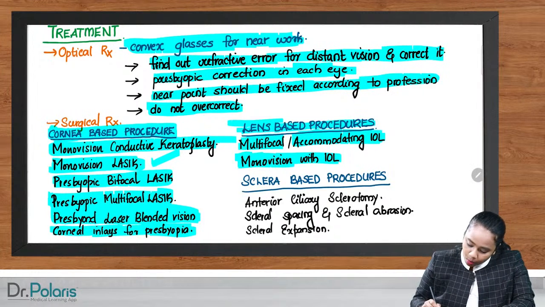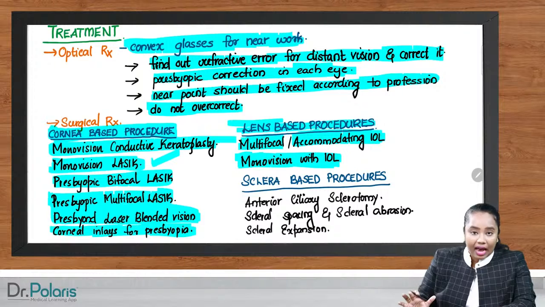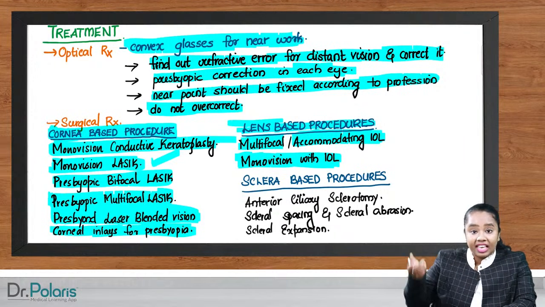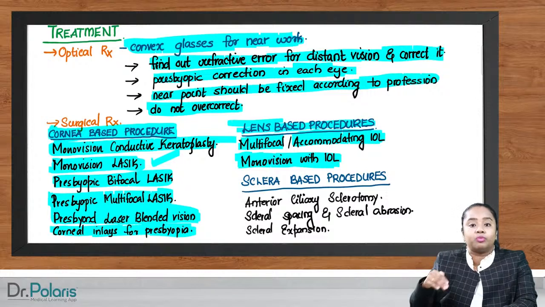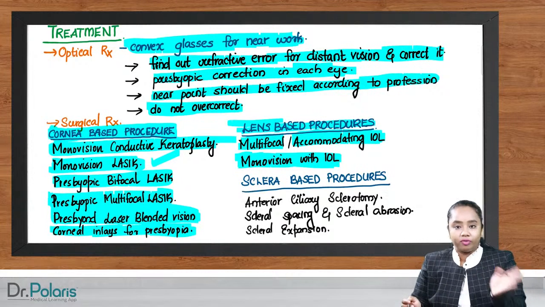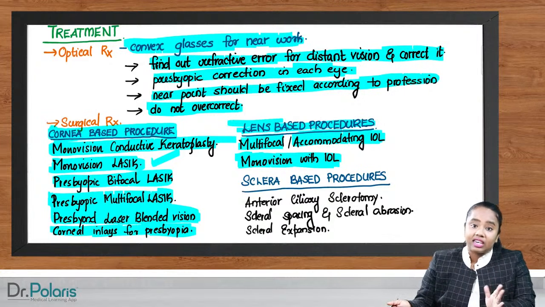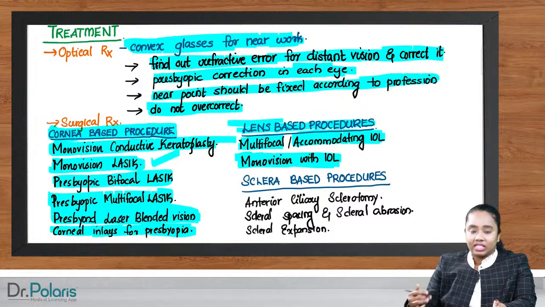The next one is monovision with intraocular lens. In one eye, you do correction for distant vision, and in the next eye, lens extraction is done and a new intraocular lens is put for near vision. So you have two eyes. In one eye, you are correcting the patient's distant vision, and in the other eye, you take out the lens as well as put a new intraocular lens which is accommodating.